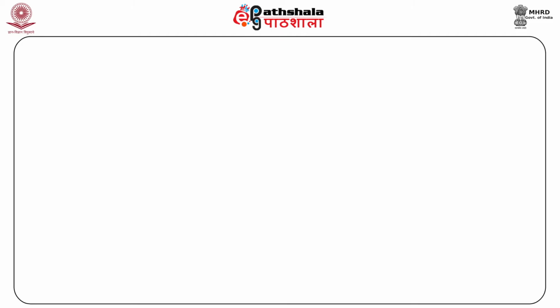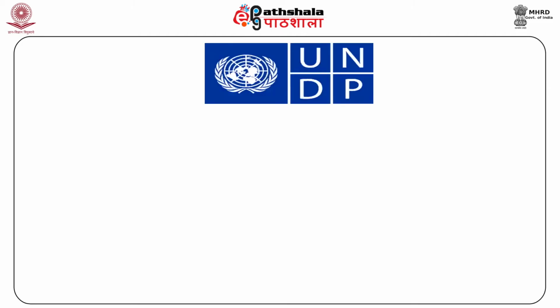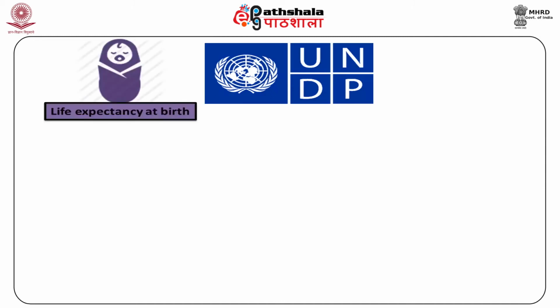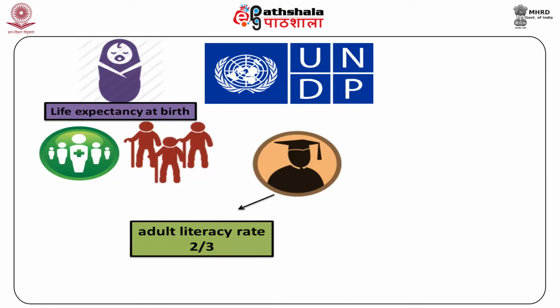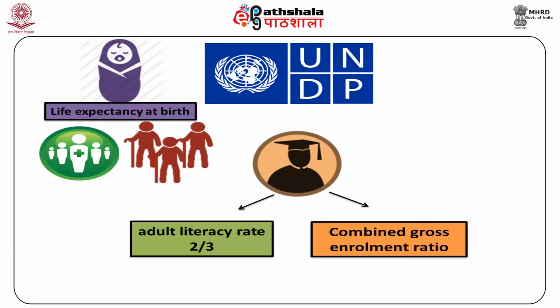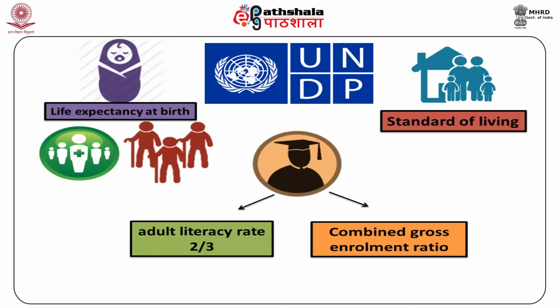Till 2010, the United Nations Development Programme used to combine the following three dimensions: life expectancy at birth as an index of population health and longevity; knowledge and education as measured by the adult literacy rate with two-thirds weighting, and the combined primary, secondary, and tertiary gross enrollment ratio with one-third weighting; and standard of living as indicated by the natural logarithm of gross domestic product per capita at purchasing power parity.